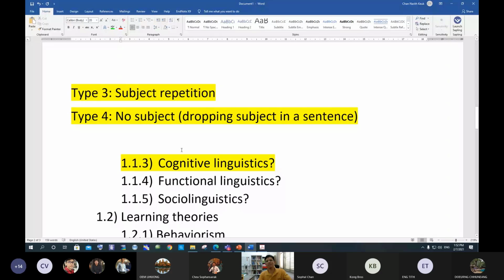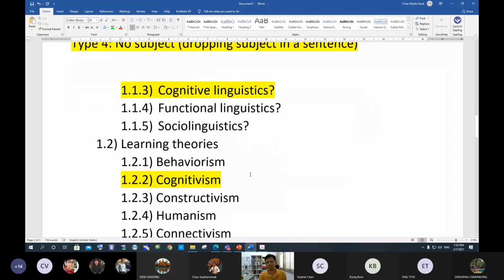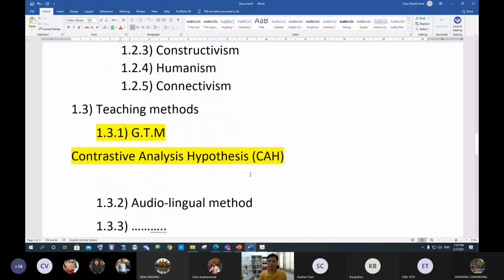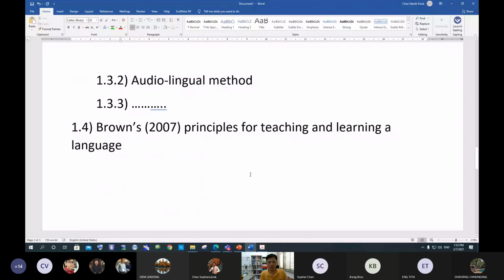What has been done in the past research regarding these types of fragment sentences? Okay, so you want to go on, or you want to replicate the research, or you want to fill in the gap, right?